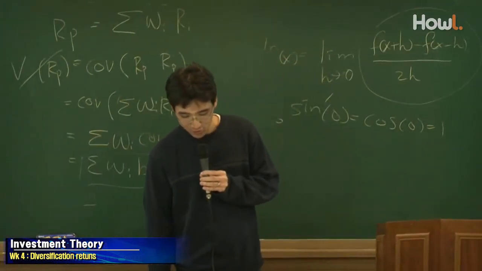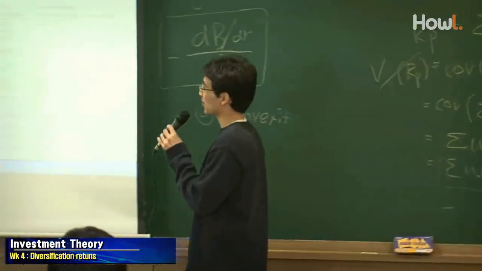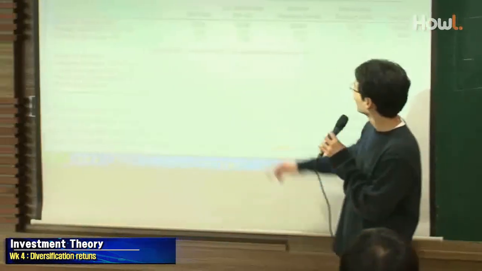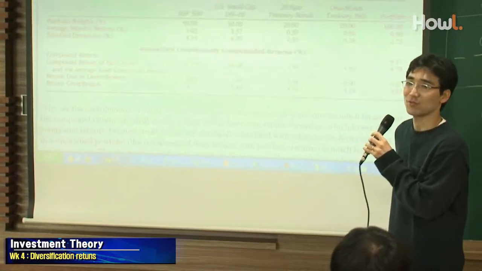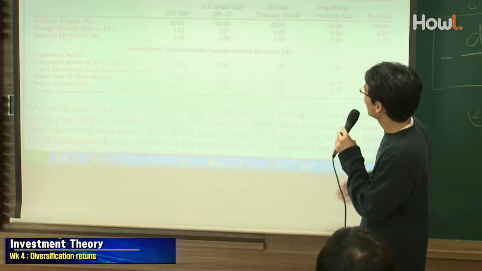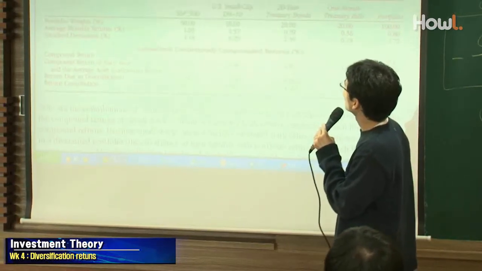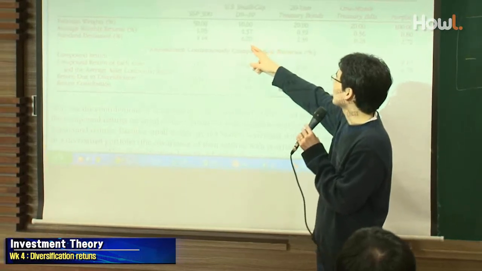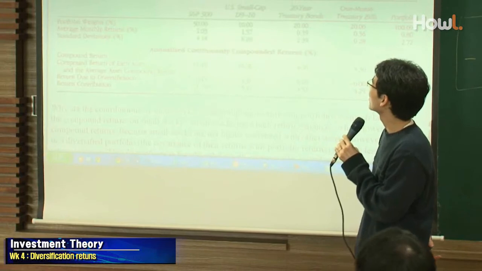Anyway, this is a very interesting pattern. Small cap stock has very large diversification return. So if we take a look at small stock again, it doesn't look that attractive in some sense. Small stock has relatively high return, but its volatility is much higher than the others.